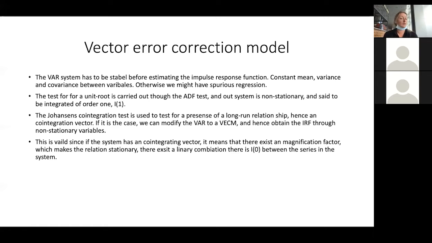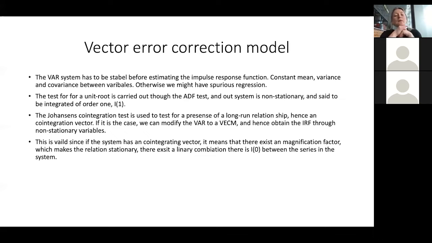So we can use Johansen's cointegration test to test if there exists a long-run relationship between those variables, because then we can have the cointegration vector and hence obtain the impulse response function through those non-stationary variables.